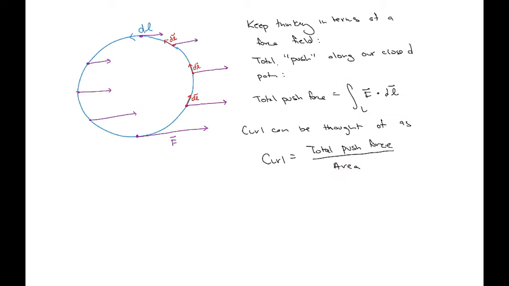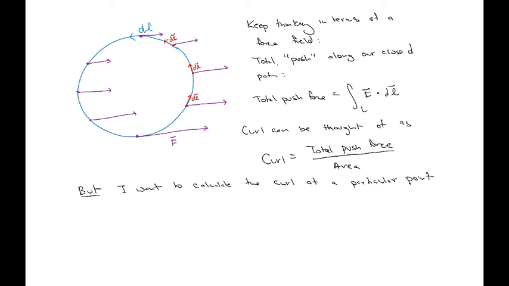But this is just kind of analogous to divergence. I want to know the curl at a particular point. So I want to be able to calculate the curl at a particular point.